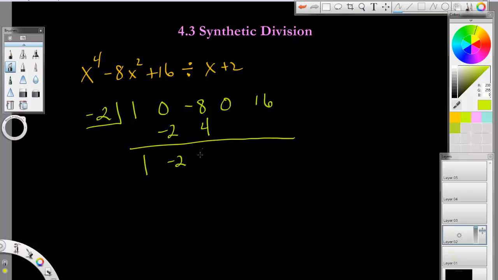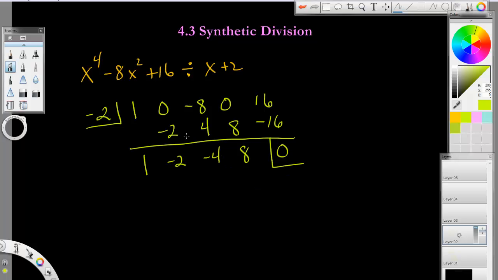And I would add that and get -4. And -2 times -4 would be 8. We add those and get 8. And then -2 times 8 is -16. And so we add that column up and get 0.